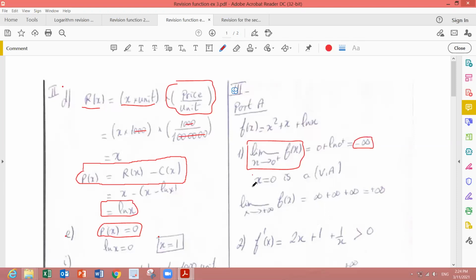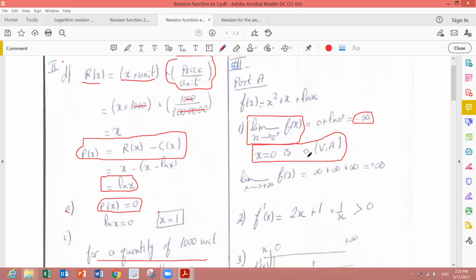So we can say x equals 0 is a vertical asymptote. Limit as x tends to plus infinity, we get infinity squared is infinity, plus infinity, ln infinity is infinity, so we get plus infinity.